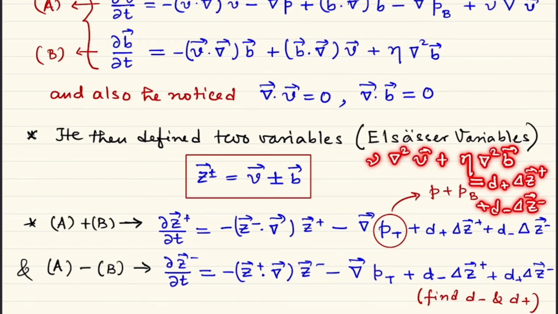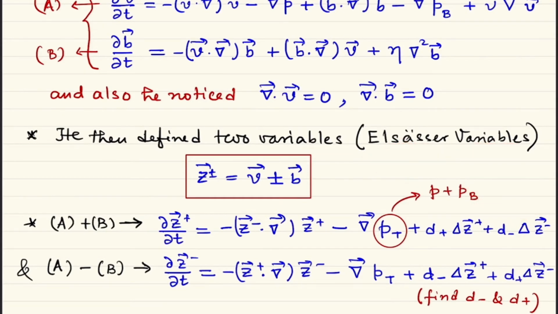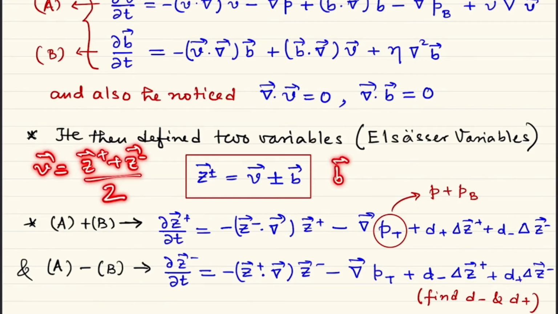Then you write V and B: if Z plus minus are V plus b and V minus b respectively, then V will be simply equal to (Z plus plus Z minus) by 2, and b will be equal to (Z plus minus Z minus) by 2.